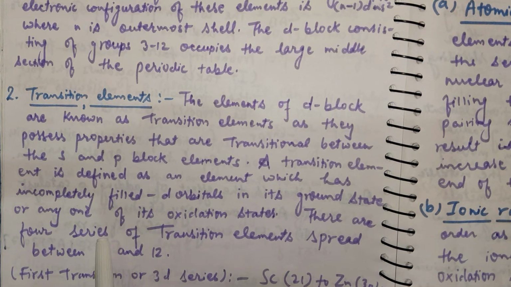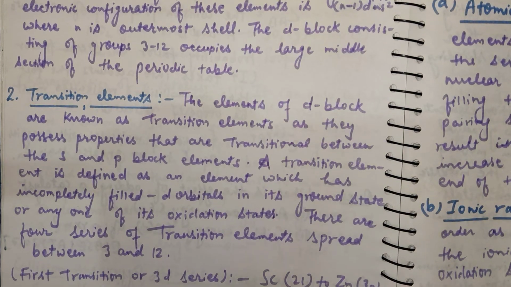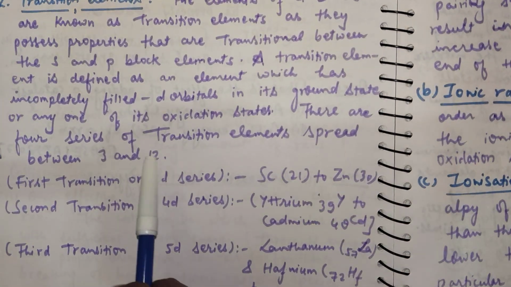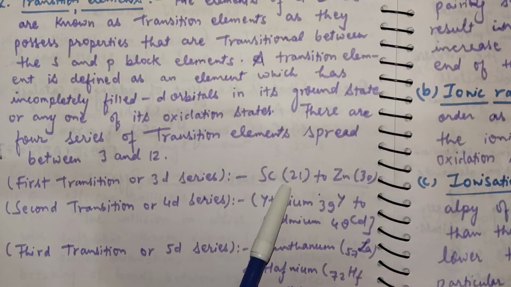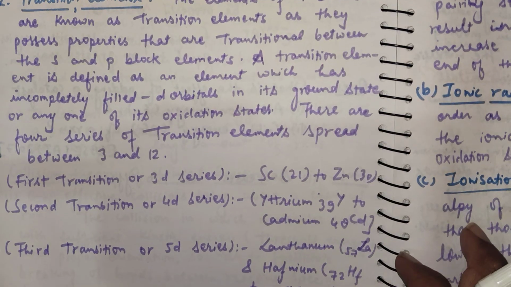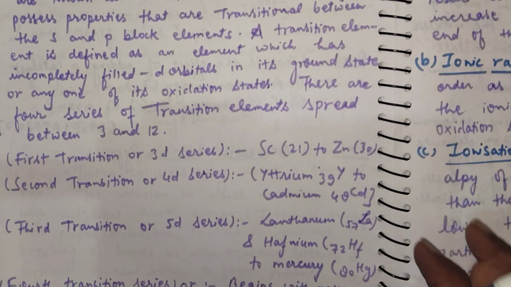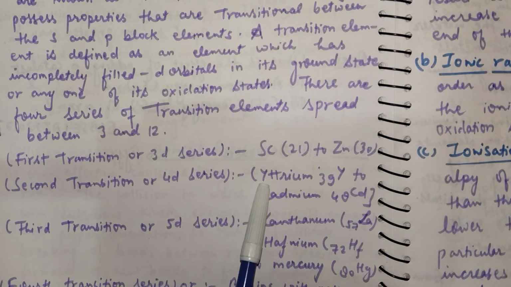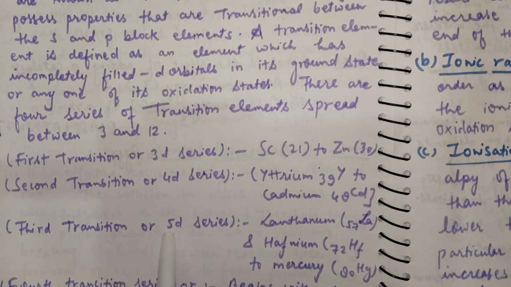Now these have 4 transition series. The first transition series is called the 3d series, scandium to zinc. The second transition series is called the 4d series, yttrium 39Y to 48 cadmium. The third transition series is the 5d series, lanthanum.